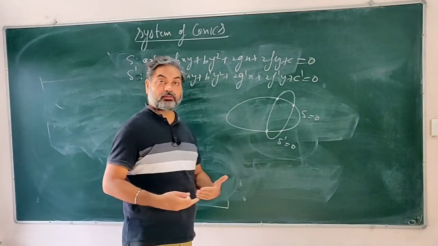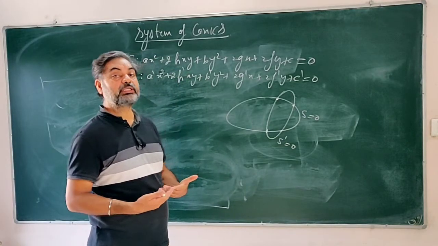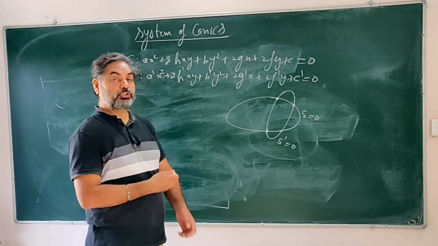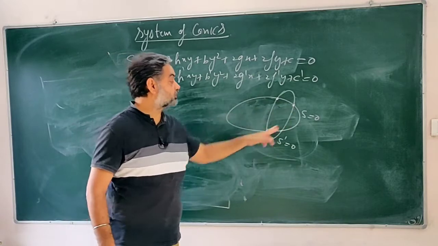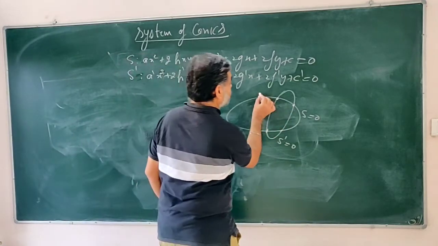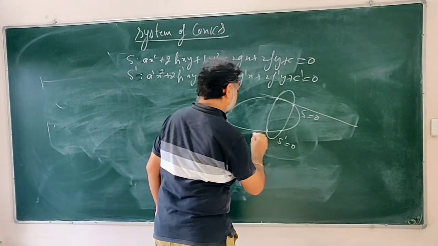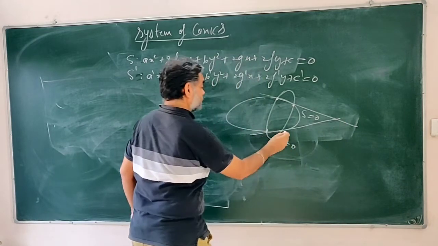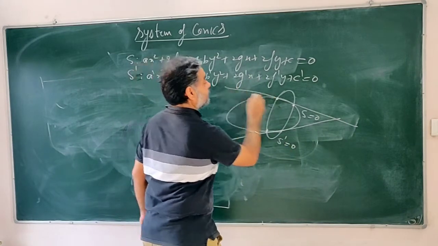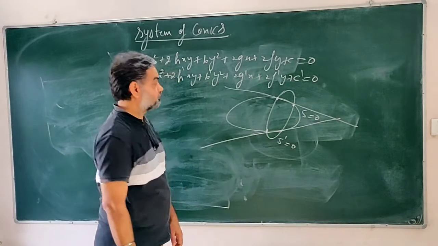So what is the equation of a pair of straight lines which pass through these 4 points? This is one pair of straight lines which pass through these 2 points.